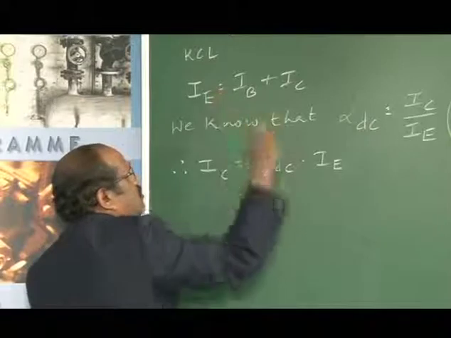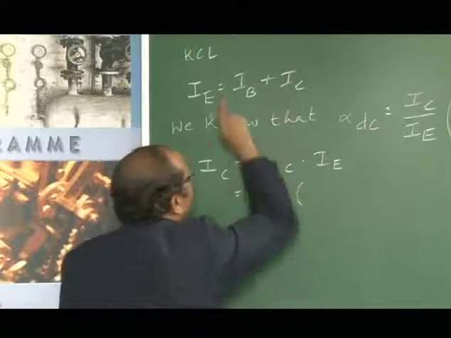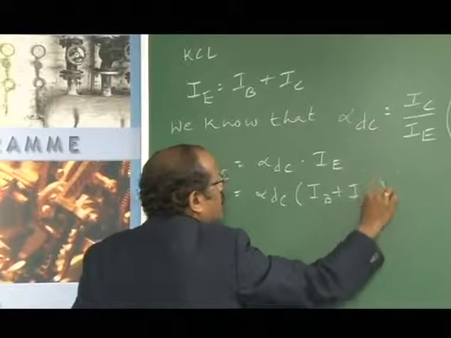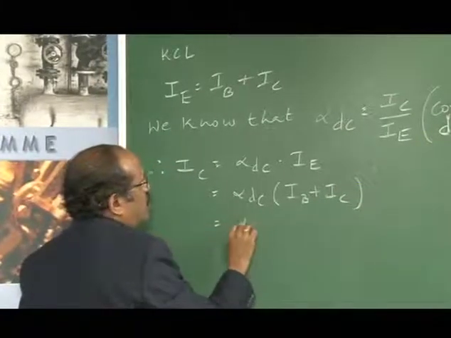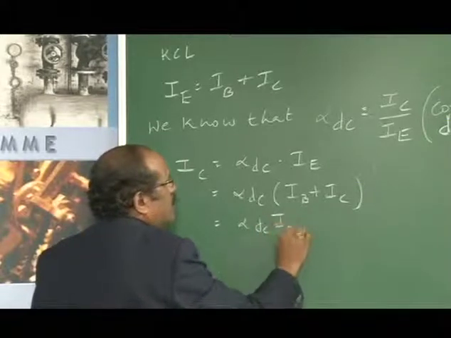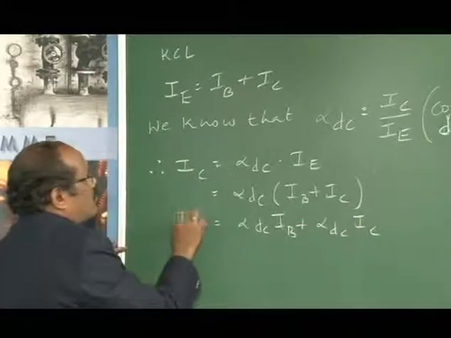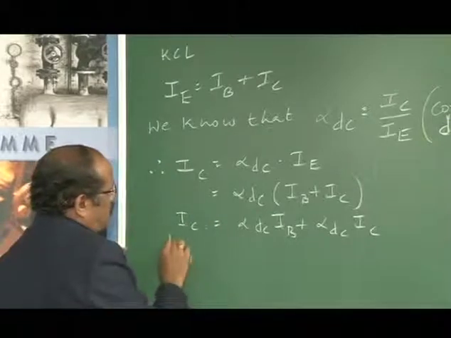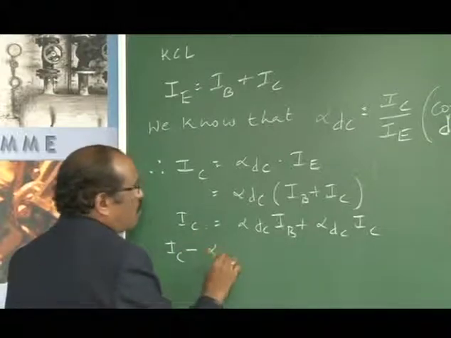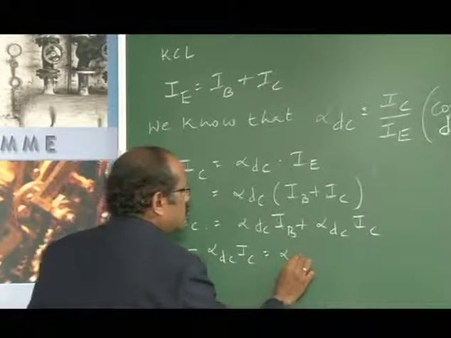If you substitute over here, I get alpha DC into IE, and IE is the summation of the base current plus IC. So I can write it as alpha DC into IB plus alpha DC into IC. If I rearrange this equation, this term I can take to the left side, so it becomes IC minus alpha DC into IC equals alpha DC into IB.